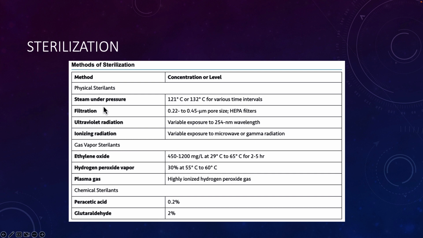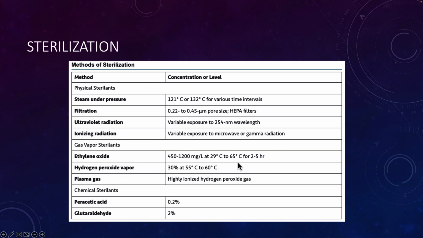So things like steam under pressure. This is going to be the use of an autoclave. Filtration, radiation, ultraviolet, or ionizing. Gas vapors including ethylene oxide, hydrogen peroxide vapor, and plasma gas.